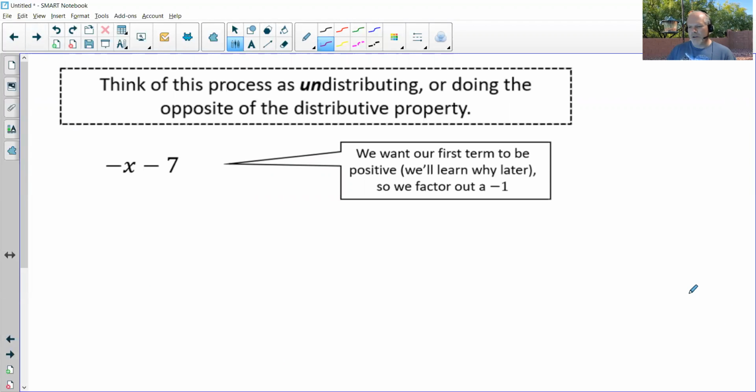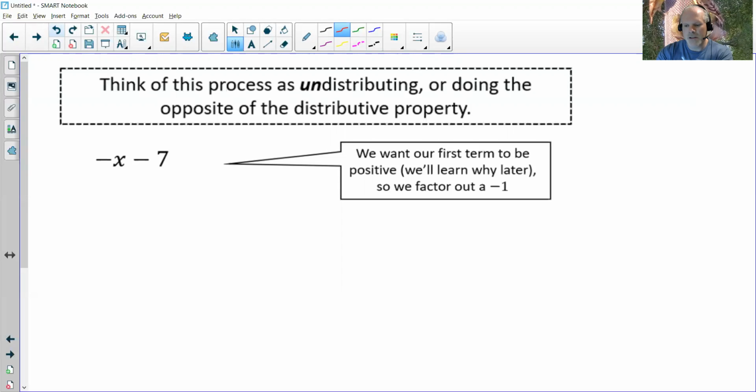Here's a special case. You're going to see later on when we learn more about quadratics that we want our first term to be positive. In this case, since it's negative, we're going to get rid of that negative by factoring out a -1.